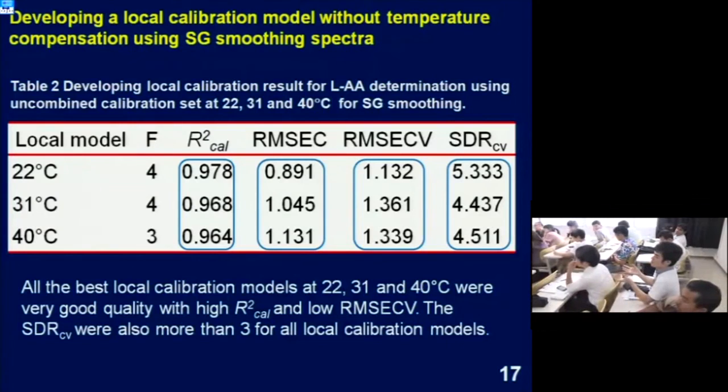Why don't you reconstruct the order of the slides one more time? Because here, maybe everyone cannot understand what RMSEC is. Everyone cannot remember. So why don't you explain the meaning of R square, RMSEC, SDR here?